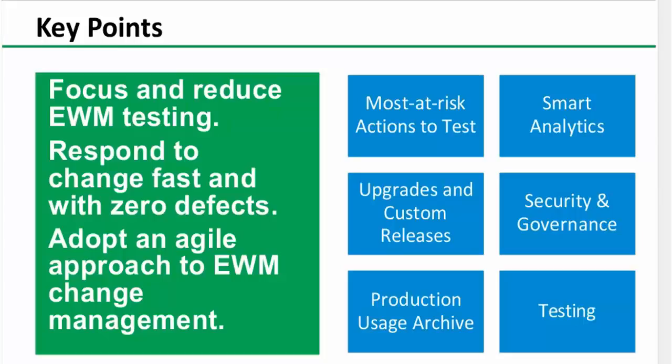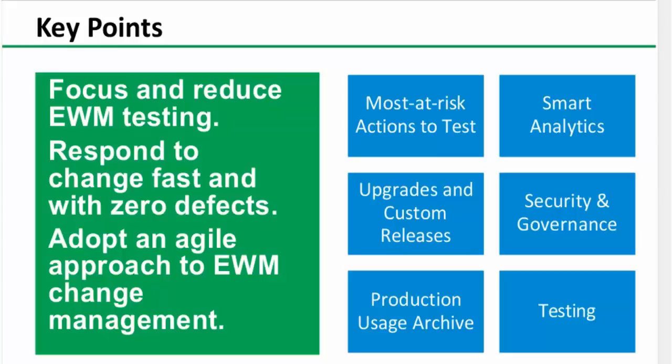And then just adopting an agile approach to EWM change management. So having a process in place that will help take you from identifying what those impacts are all the way through identifying what the test cases are that should be run, etc. So the most at-risk actions to test are key, the smart analytics, the side-by-side comparison to be able to show you what is changing on your transport, and then being able to look at upgrades and custom releases as well.